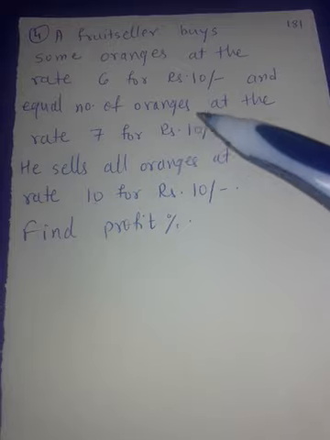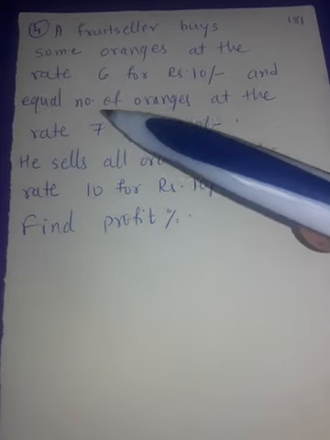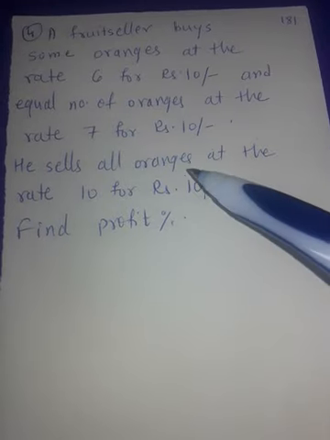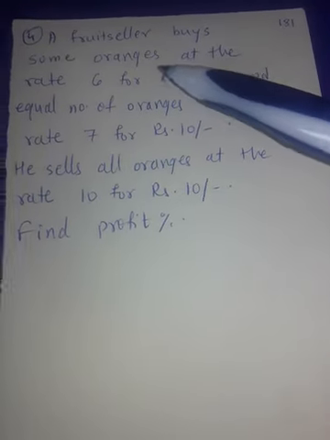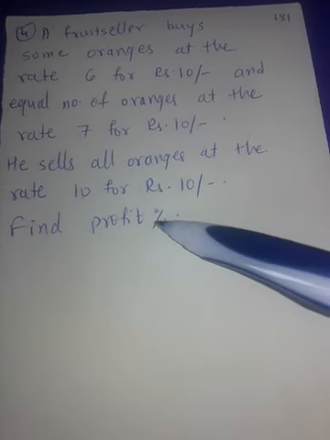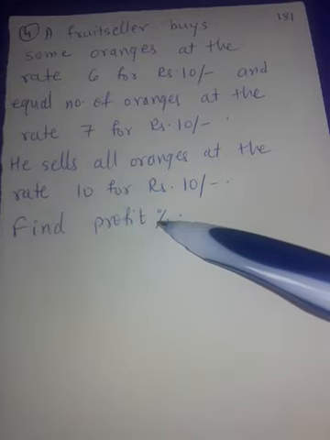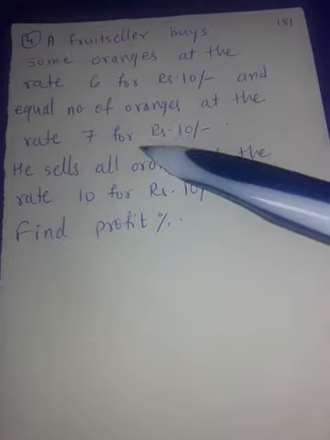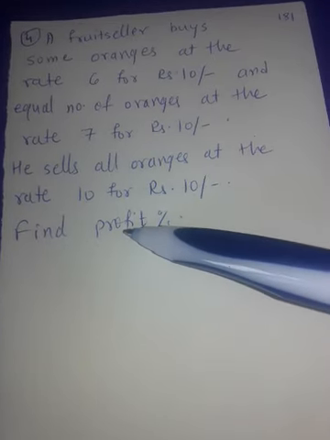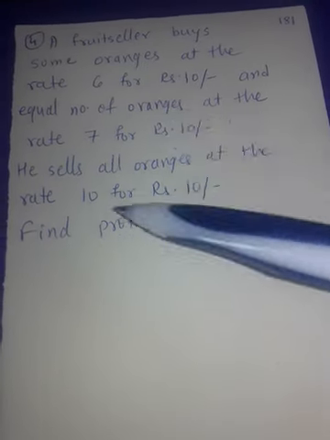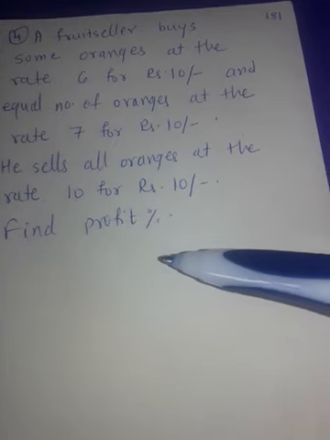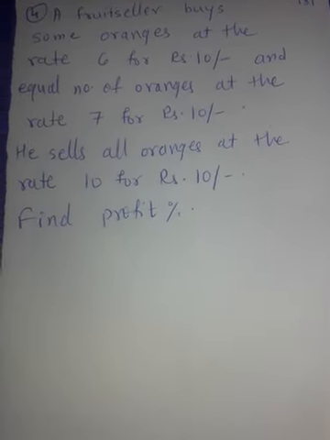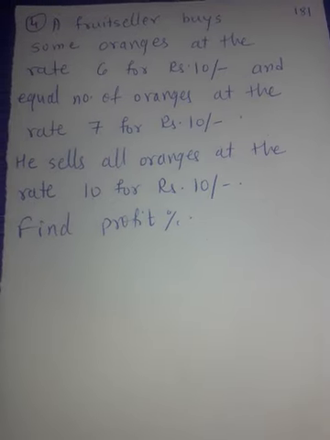We don't know how many oranges he bought, but he sold all the oranges that he bought, and this was his rate. So if he bought 200 oranges, he also sold 200 oranges. So that means we can compare these two, because whatever he bought, he sold all of them. The quantities are equal. And that's how we can now compare and we can find profit percent or loss percent. The meaning of the example is clear?